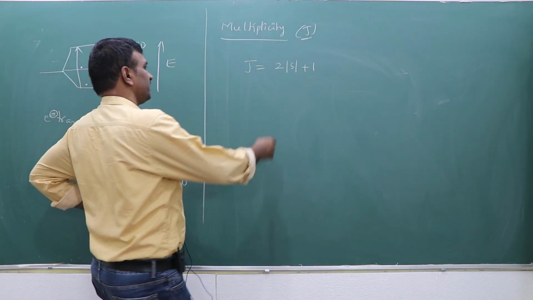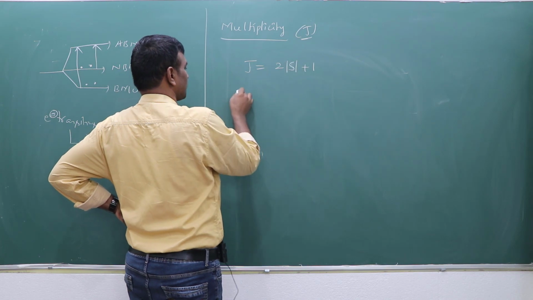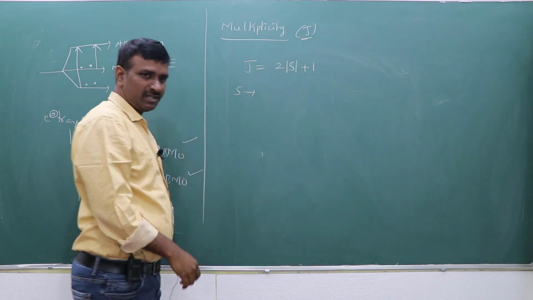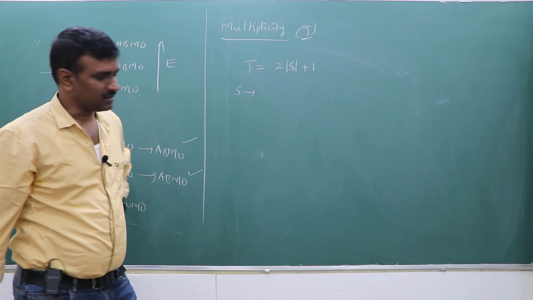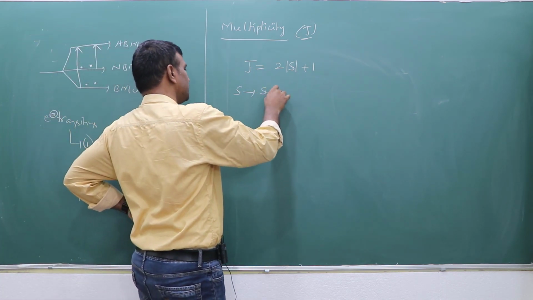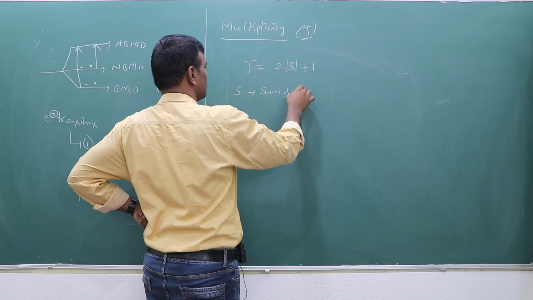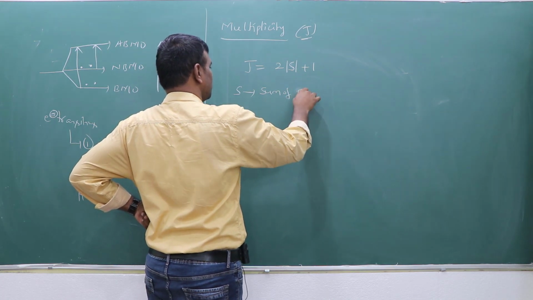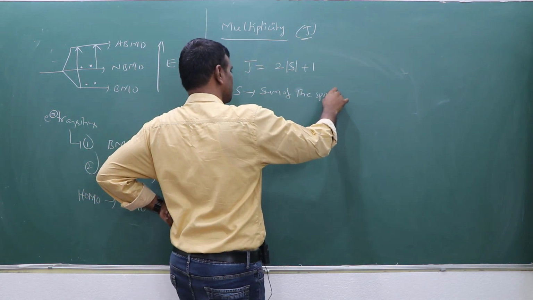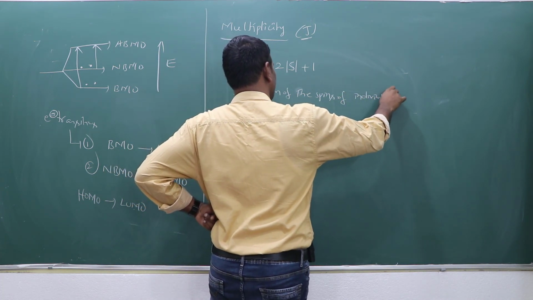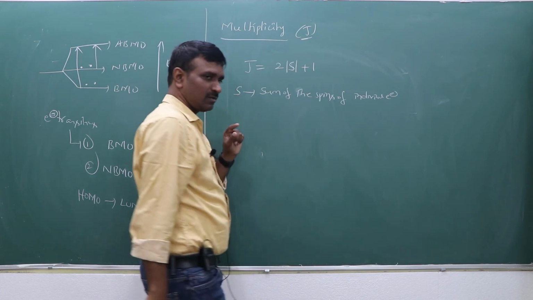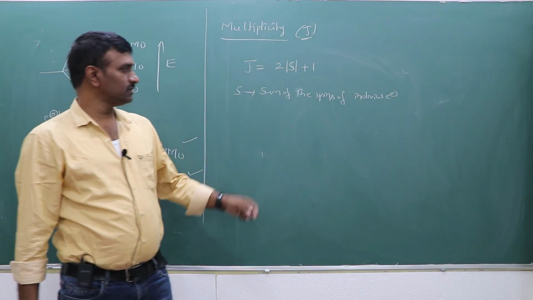Where S is the sum of the spins of the individual electrons. It is the spin angular momentum quantum number that will be calculated.